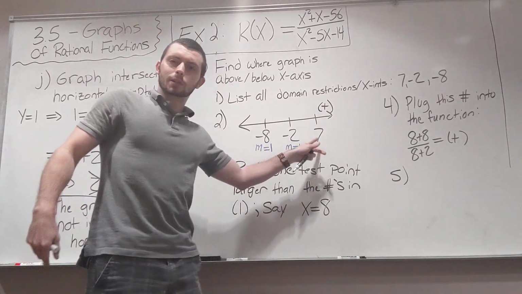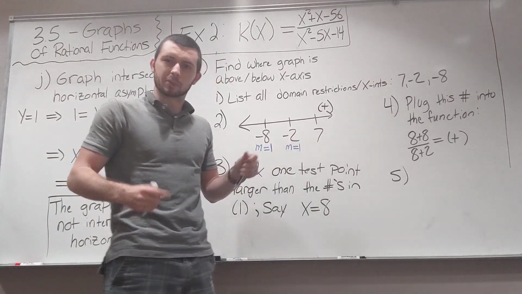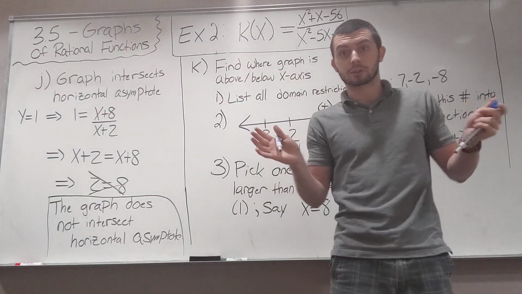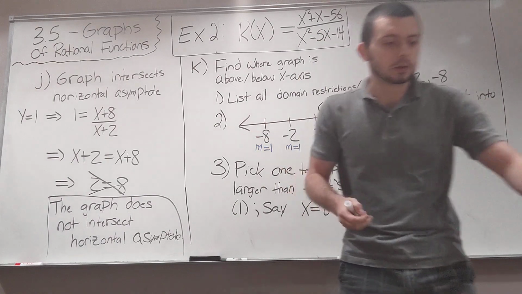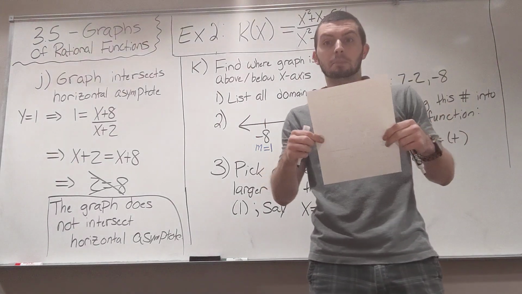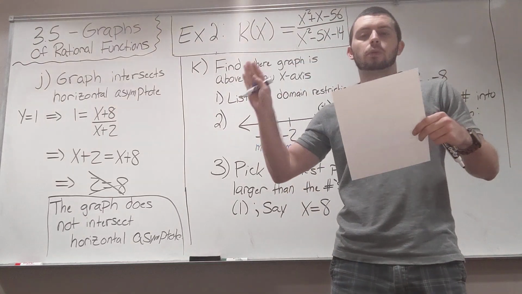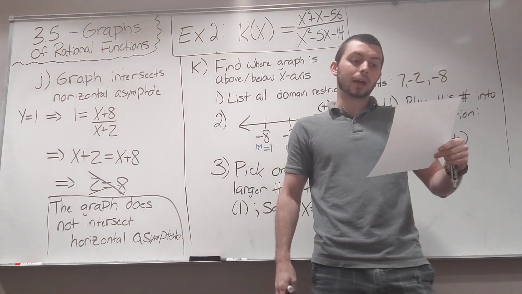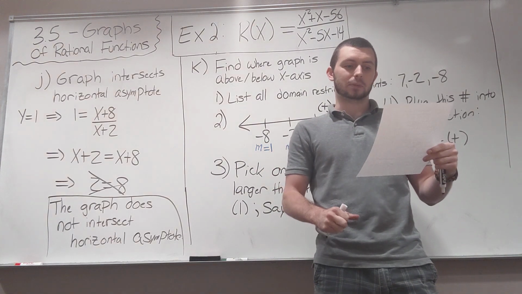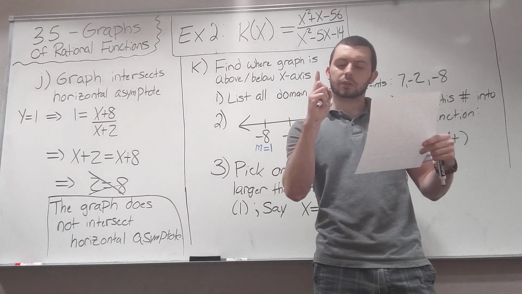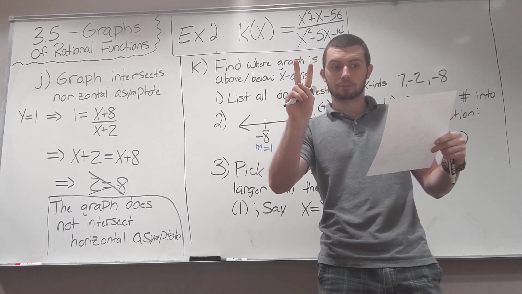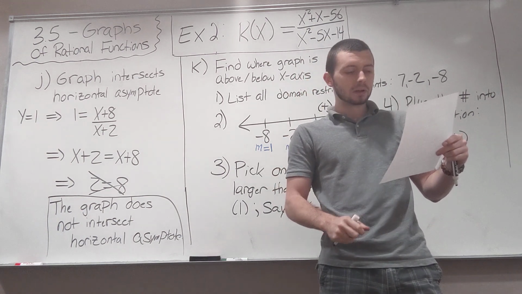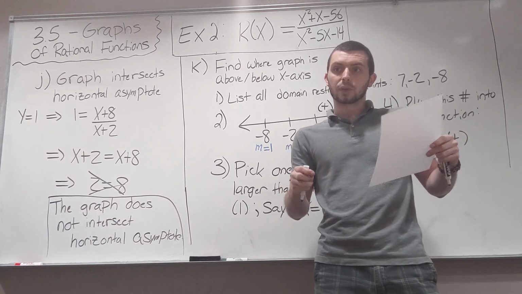But 7 works a little bit differently in this problem. So technically 7 doesn't show up because we canceled it out. And if we look back at part A, the factored form, count how many times x minus 7 shows up in that part. It happens once in the numerator and once in the denominator. Well, that's a multiplicity of 2. So just because we canceled it out, that doesn't mean that it goes away.